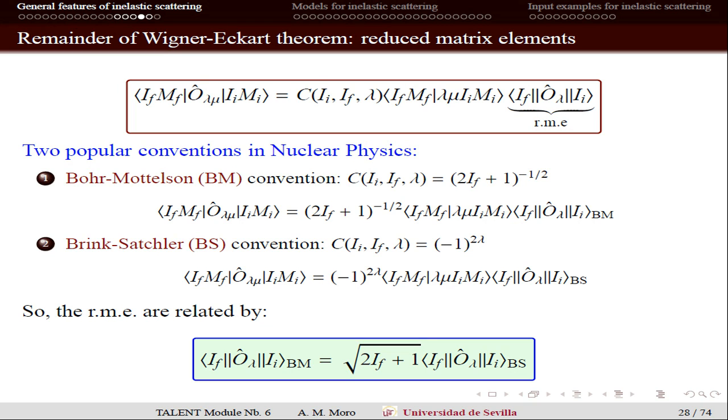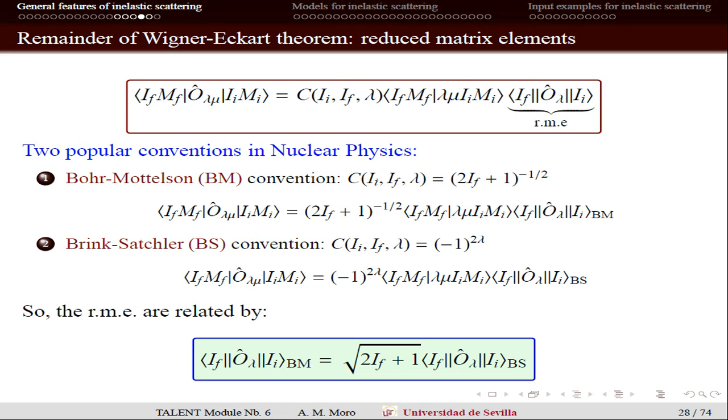In nuclear physics there are many, an infinite number of possible choices, but there are two popular choices that are also a source of confusion, because when we mix information from different sources, sometimes they use different conventions. It is good to keep in mind what convention is used by the authors, and to see if it is the same one that we are assuming.